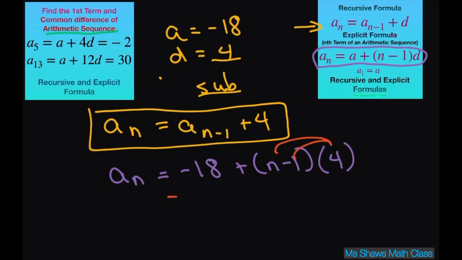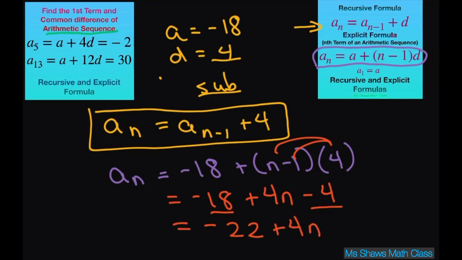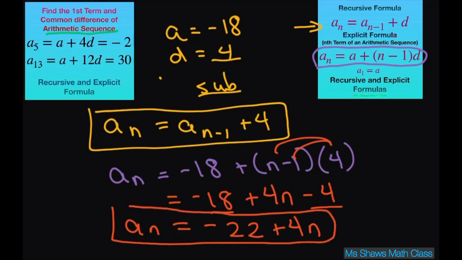That's going to be 4n minus 4. So you add those two, and that's going to be -22 plus 4n equals your nth term, also known as your explicit formula.